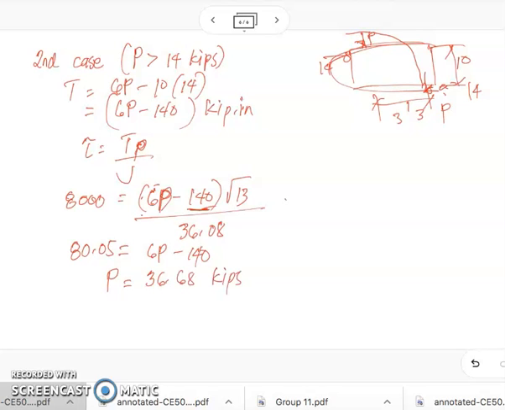So that is now our additional load P, whether it is greater than 14 kips or less than 14 kips.